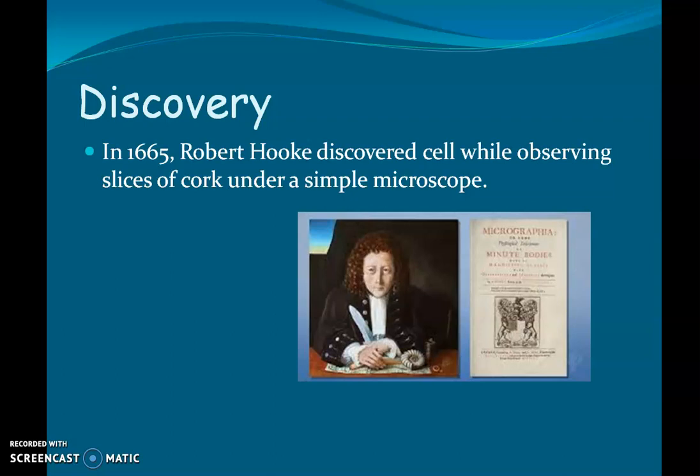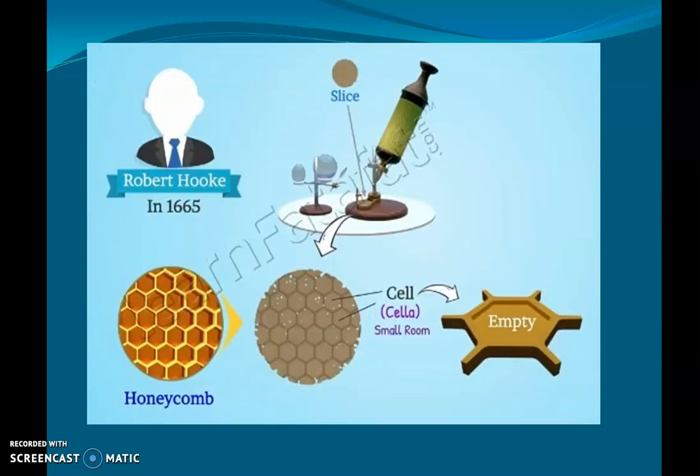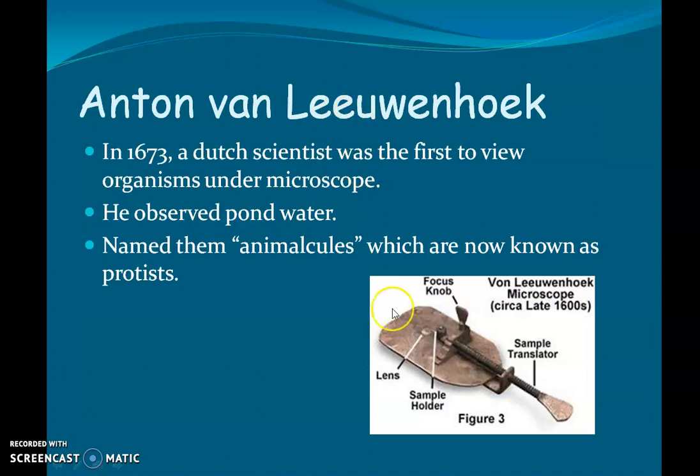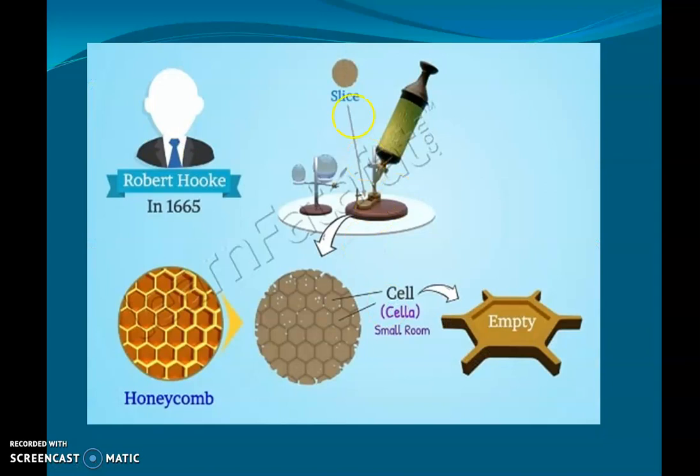Now let's see how these cells were discovered. In 1665, Robert Hooke discovered cells. He observed dead cells in the cork of a tree using an old basic microscope. This was the microscope which he used for his study.